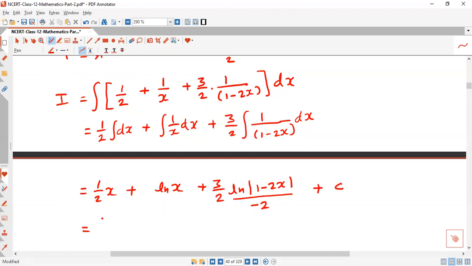If you simplify, half x plus log x, and 3 by 2 divided by minus 2 comes out minus 3 by 4 log of mod 1 minus 2x plus some constant c. This is the answer of this question.